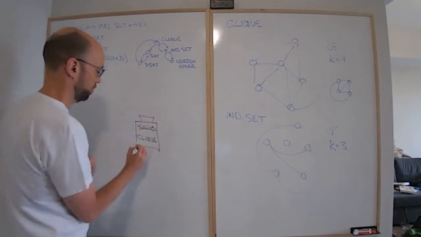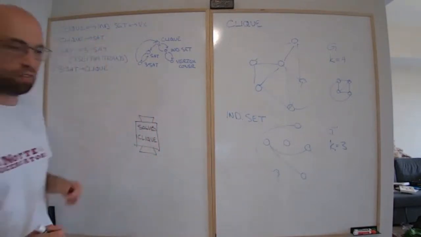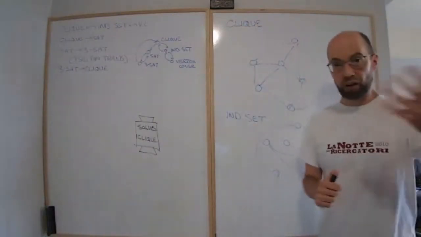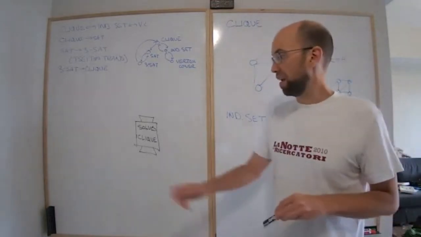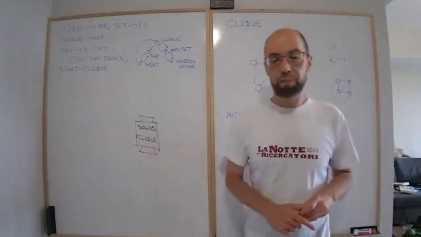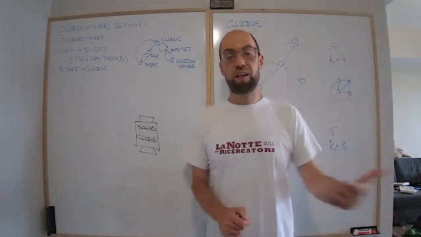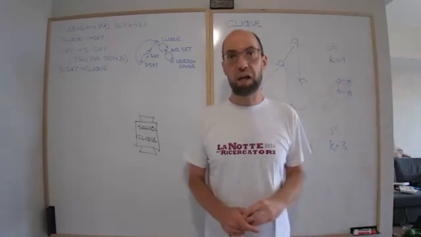So this is a box, and you drop in a piece of paper with an instance of clique on a graph and a number k, and out will drop another piece of paper that will say yes or no, and it will indicate whether or not the graph has a clique of size k.